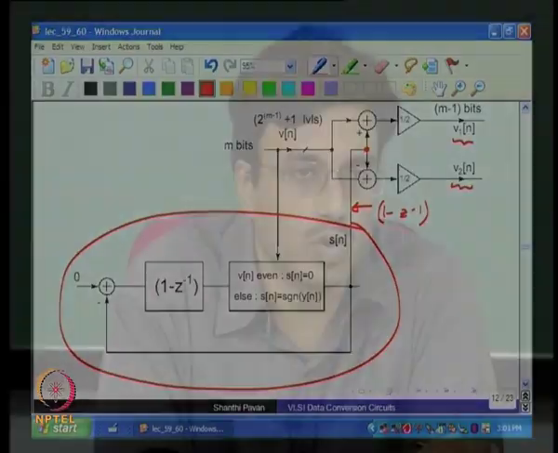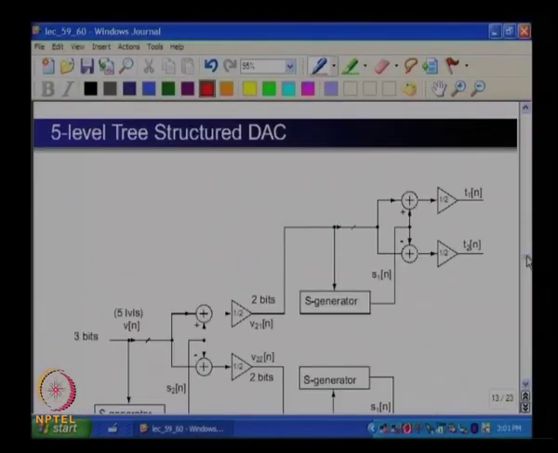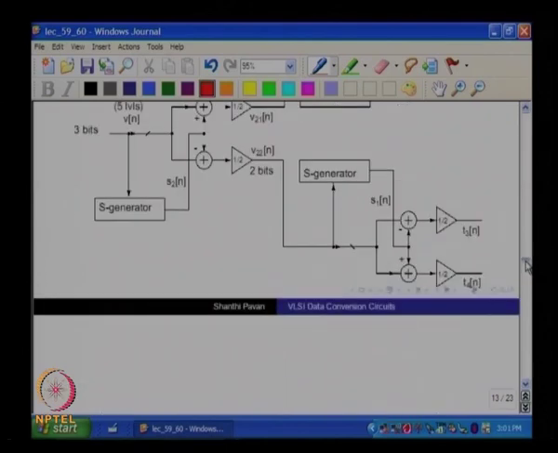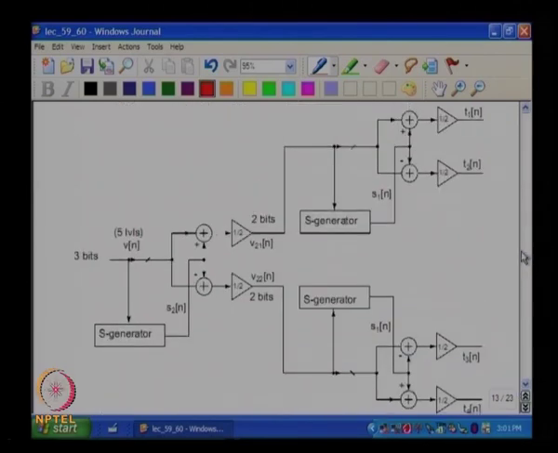So, what do you think we should go and do going forward? Copy and paste, except that m now becomes m minus 1, and when you do that you get this. So, let us take an example where there are 5 levels, which is 2 to the 2 plus 1.